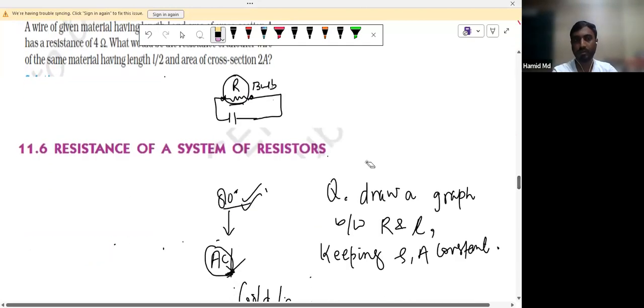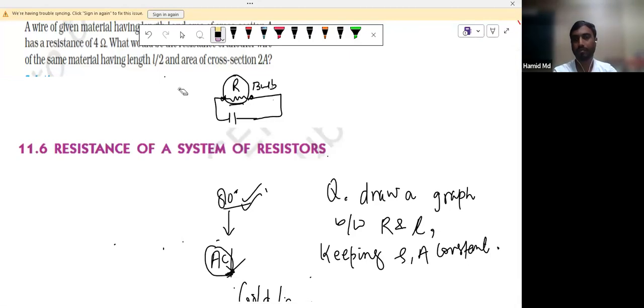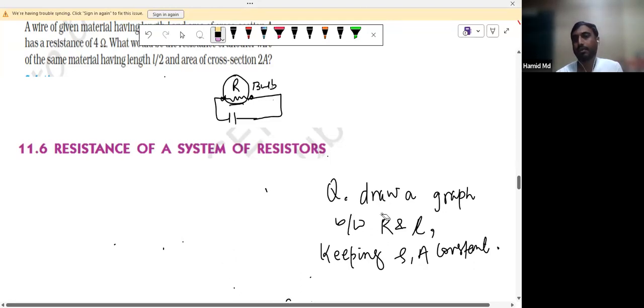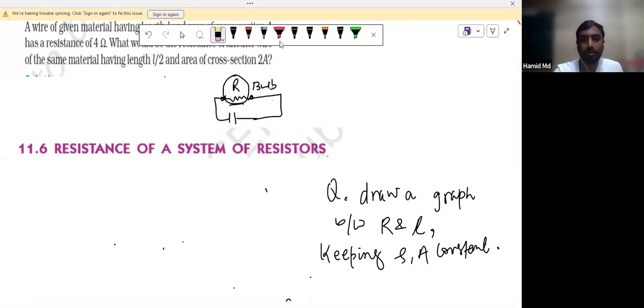So the question is, we have to draw a graph. Okay, Suresh and Faz, Faz on the camera. Draw the graph for the given problem: draw a graph between R and L, keeping rho and A constant.